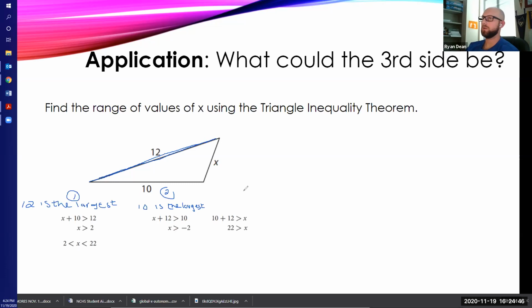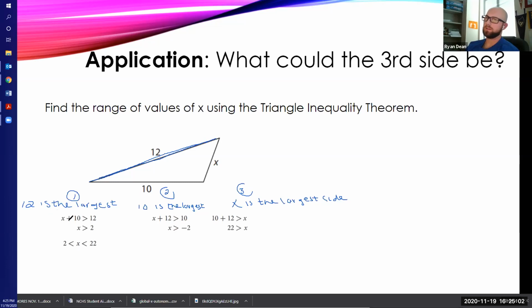And then the third scenario, we're saying that x is the largest side. Okay, so we'll run through each one of these.